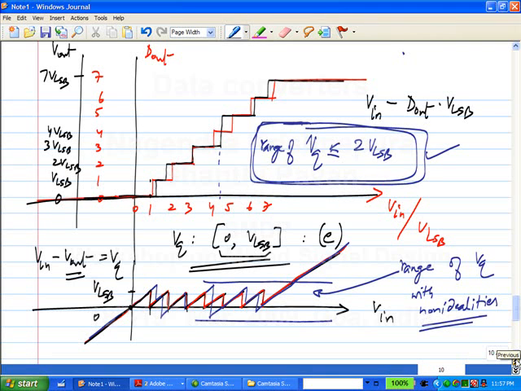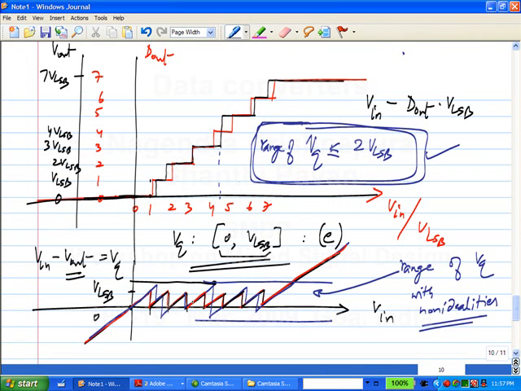And I have drawn the same thing here. What is this point where it starts changing, where it jumps? It is 3 by 2 VLSB. Normally it would have built up to 1 VLSB.